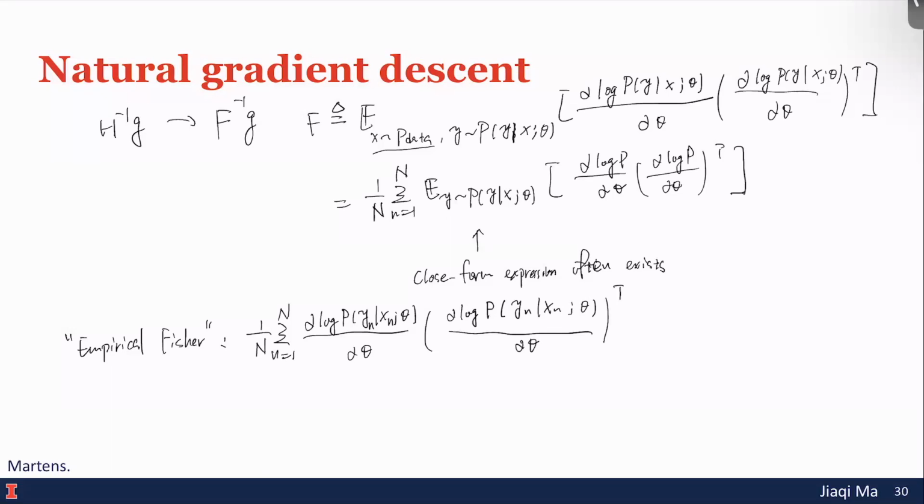So the difference between this empirical feature and the feature is like the nuance here. For this y, this is actually sampling from the model, right? In the empirical version here, it is x_n. So this is for each data point, but this y is not the label of data point n, it is instead a pseudo label.